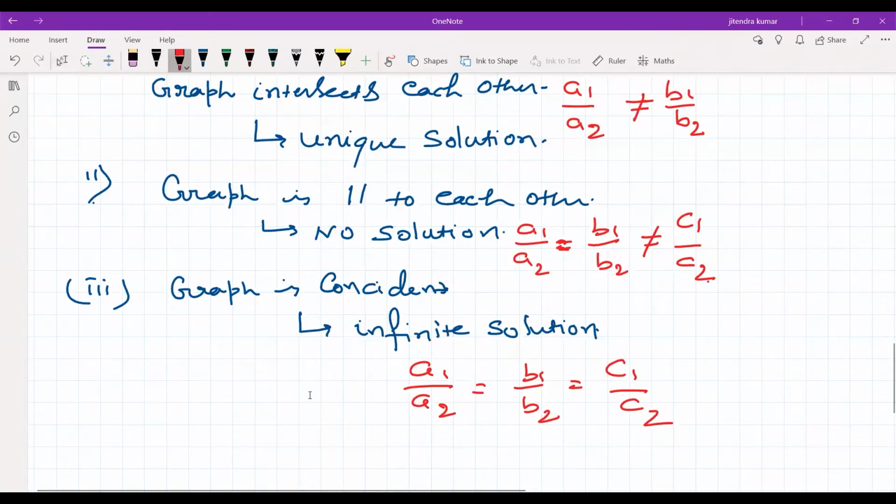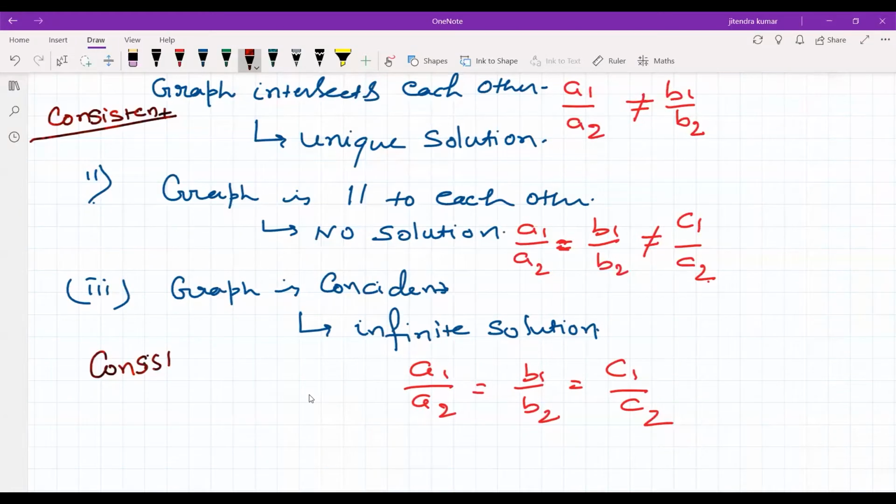Let me write it like this: in this case it is consistent, in this case also consistent, and in the no solution case it is inconsistent.